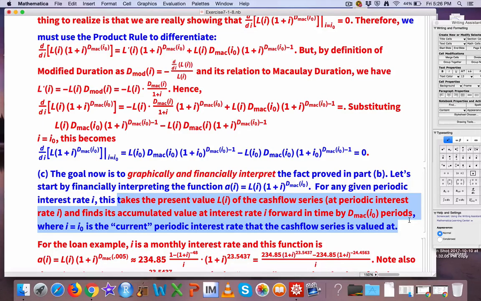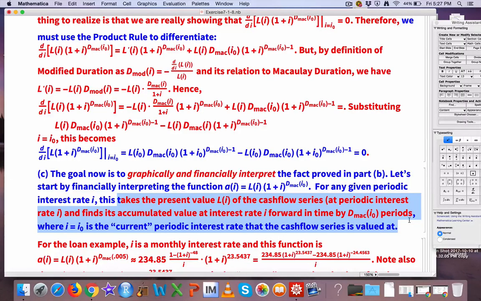Okay, remember the goal. You are the bank, effectively, or you're the president of the bank. You've made this loan out to this person so they can buy a car. I0 was 0.5% per month. Maybe right after they sign the contract, something happens in the world, some big stock market crash or something bad or good happens, and that causes going interest rates for these kinds of 4-year car loans to change relatively dramatically, maybe over the course of minutes.